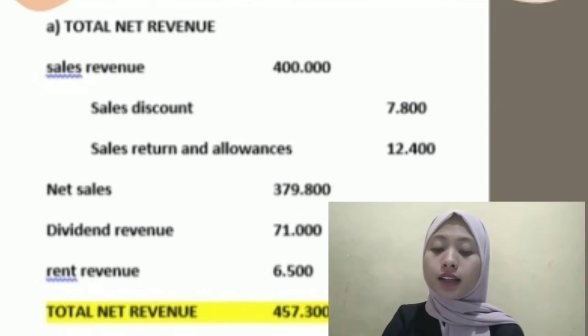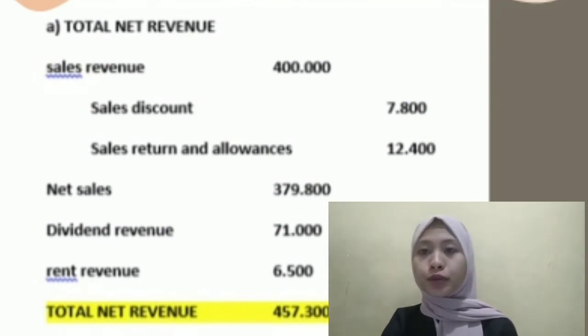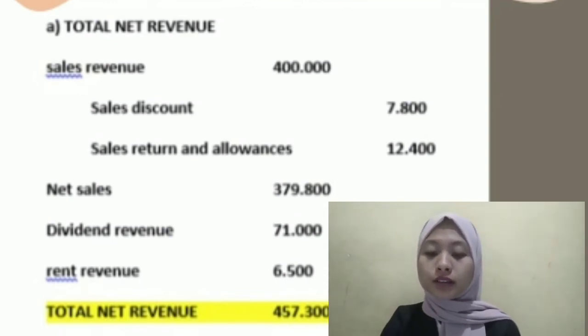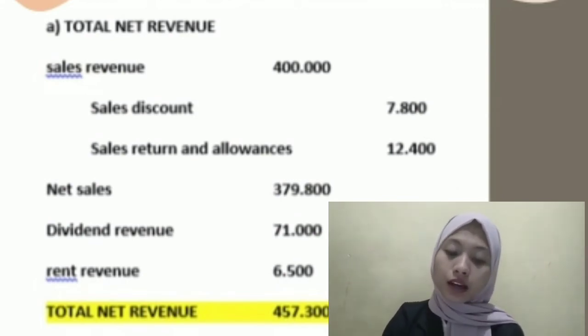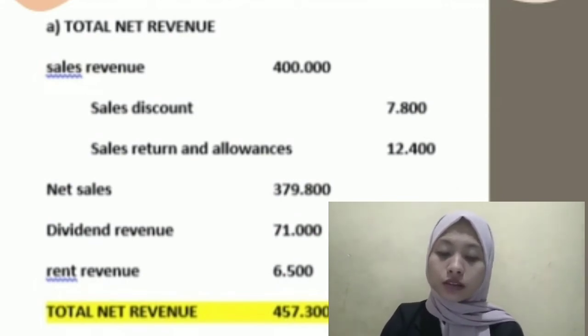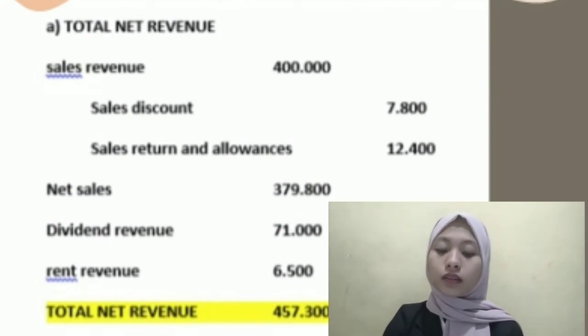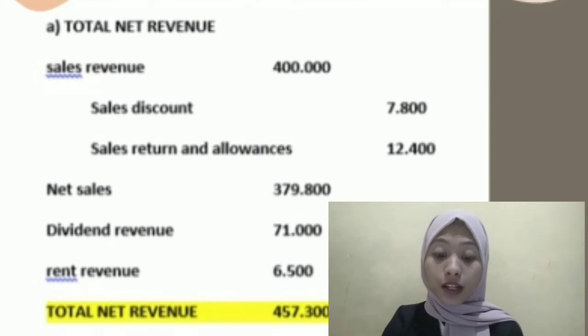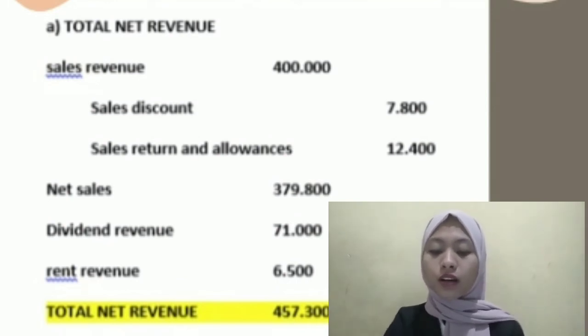Then the net sales plus dividend revenue $71,000 and plus rent revenue $6,500. Then the total net revenue is $457,300.